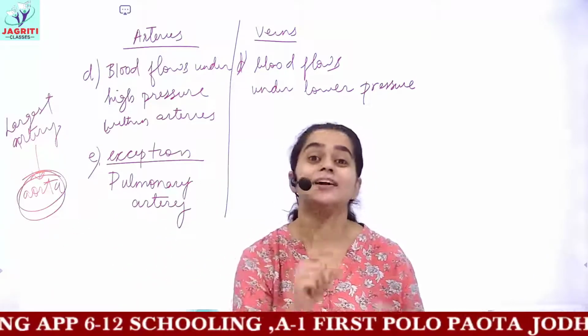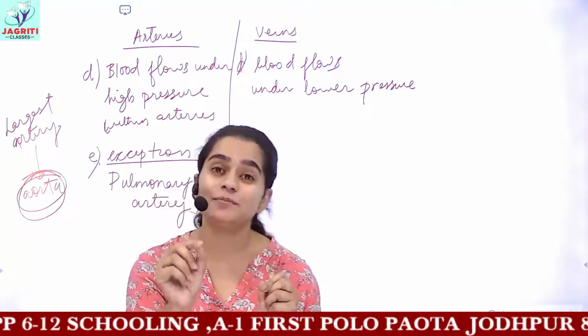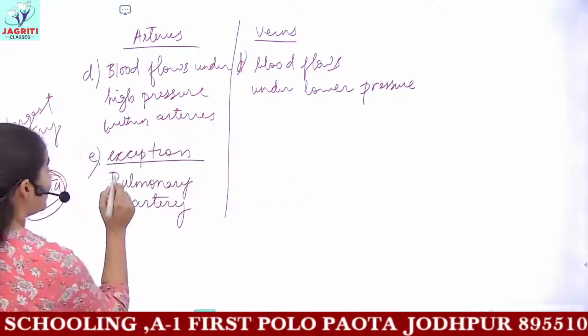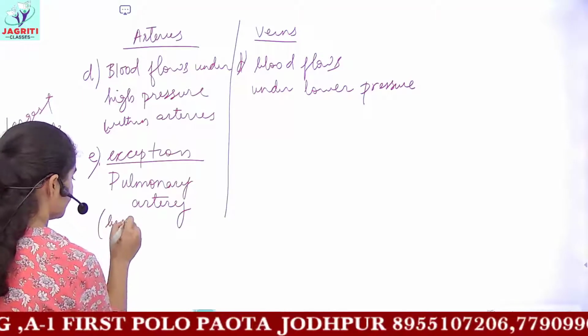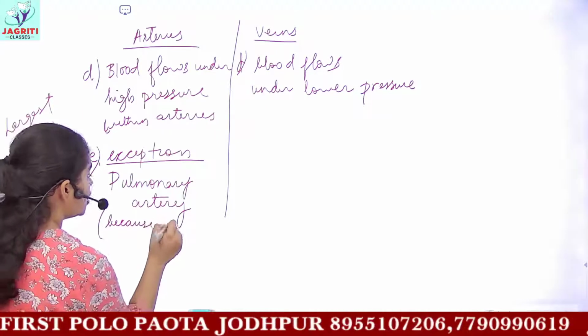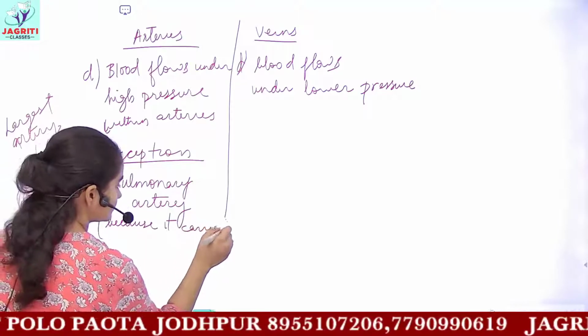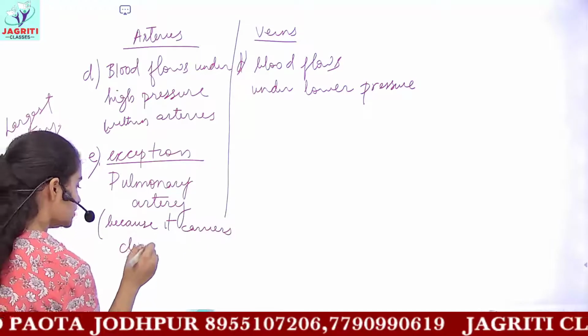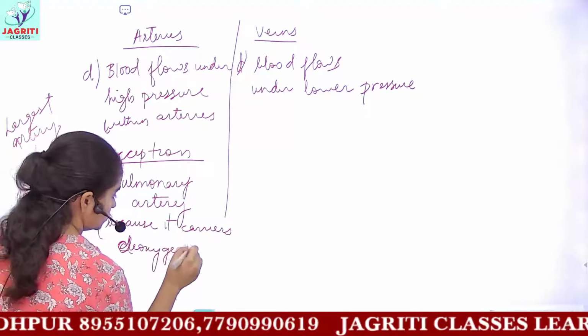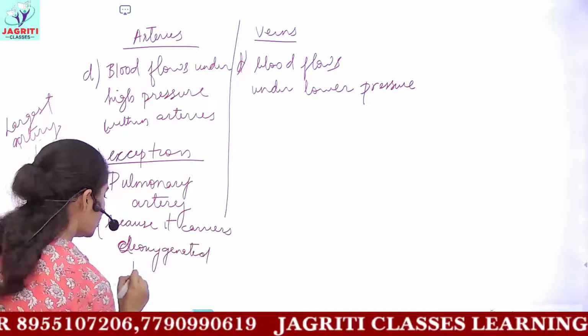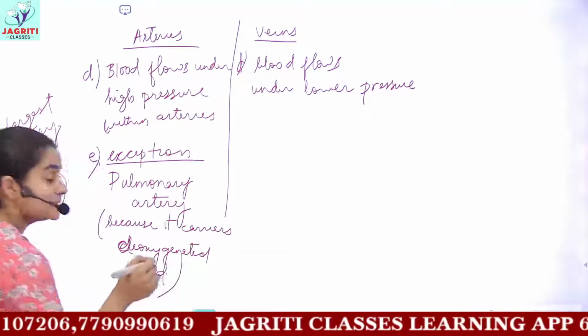This pulmonary artery carries deoxygenated blood within itself. So the pulmonary artery is an exception because it carries deoxygenated blood within itself.